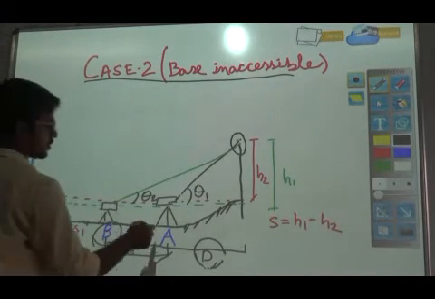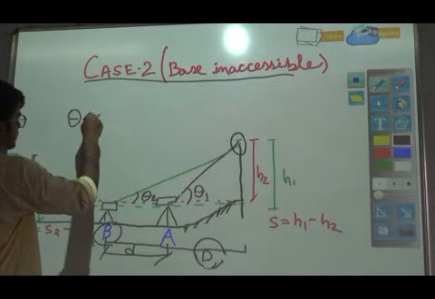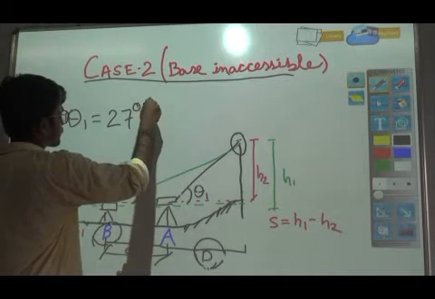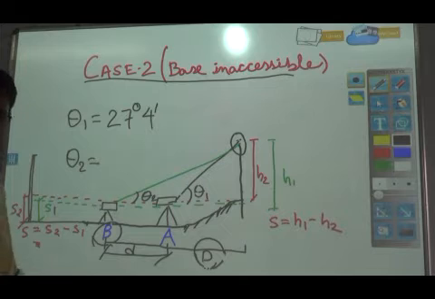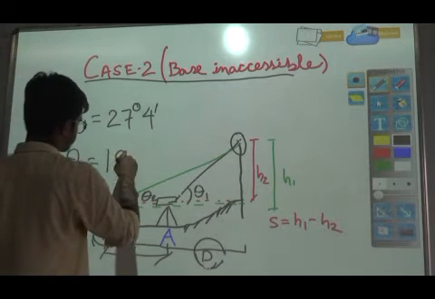This is theta 1 for instrument A, that we have already measured. Theta 1 will be equal to 27 degrees 4 minutes, and in the case of theta 2, we have got the value of 19 degrees 30 minutes 20 seconds.